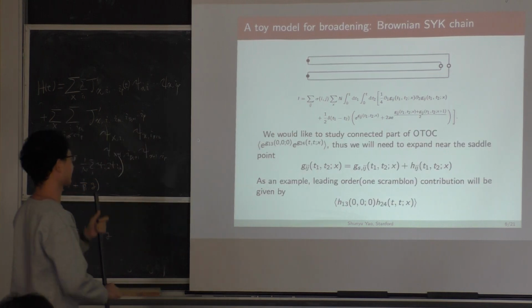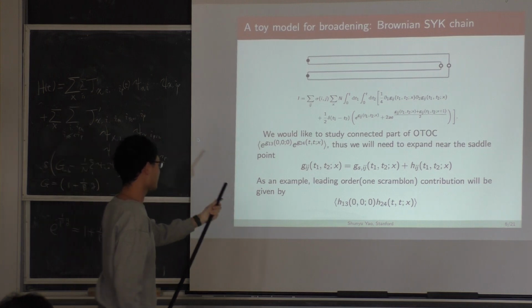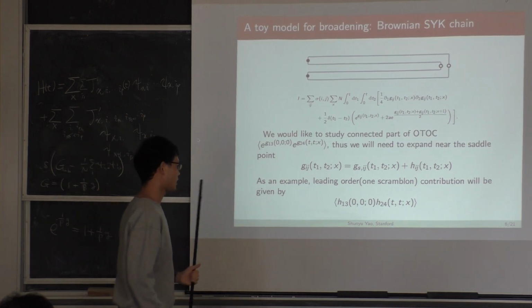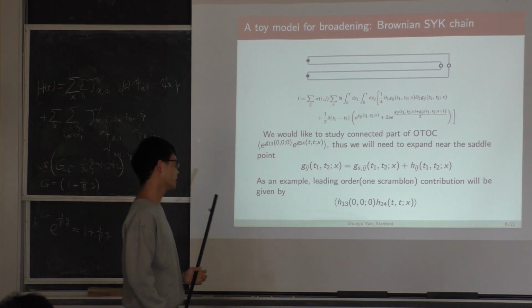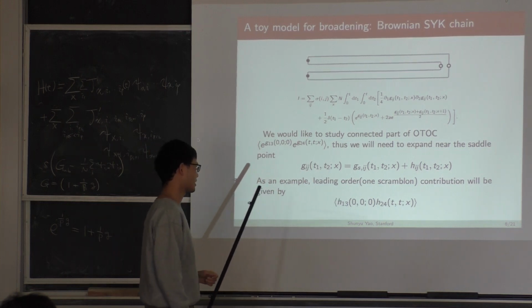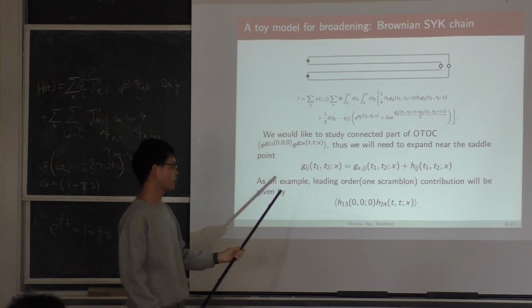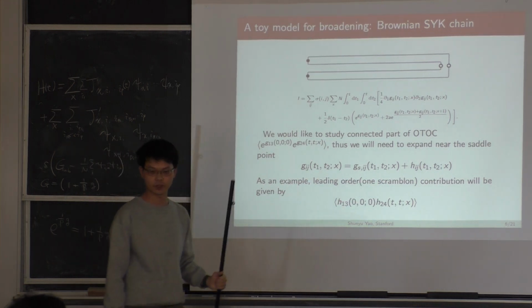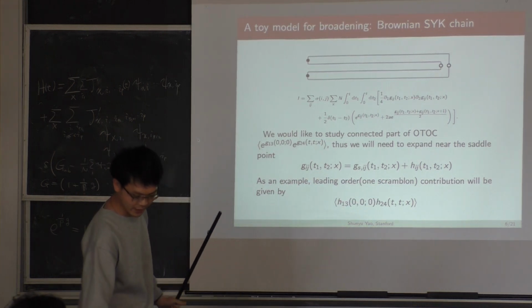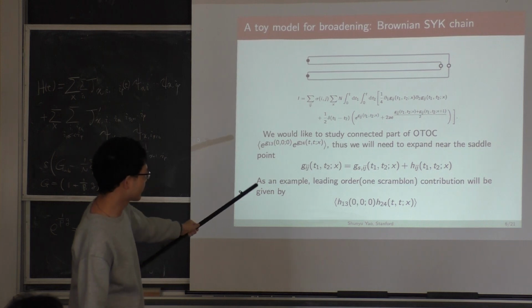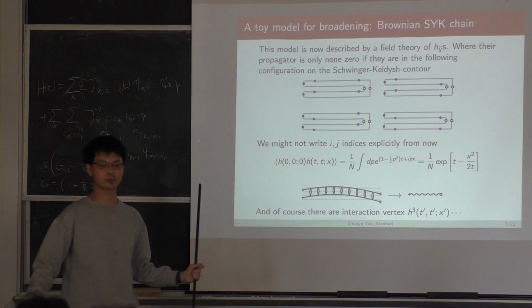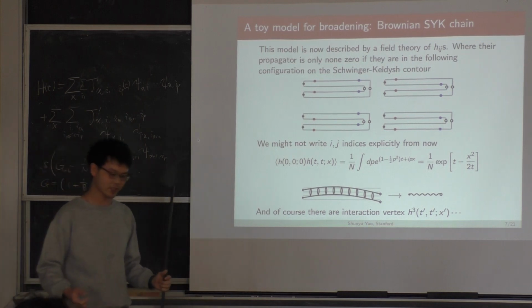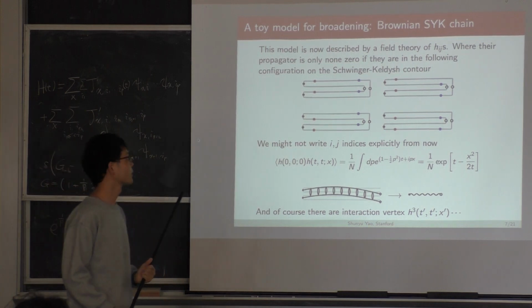Where am I? Yes, we're here. So as an example, the leading order, or one scramble. Later on we will call this H field the scramble field. So the leading order contribution to the connected part of the OTOC will just be the correlation function between these two H fields. And actually by expanding the G field around the saddle point, the whole theory of this Brownian SYK chain just becomes a theory of these H fields.